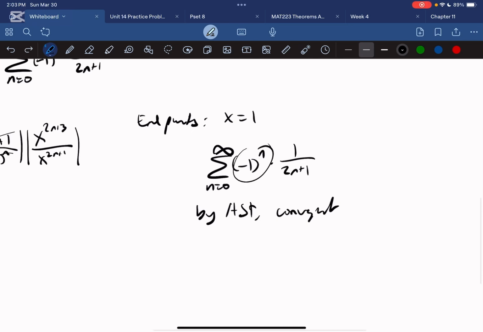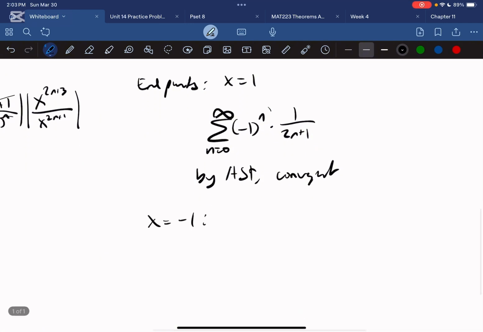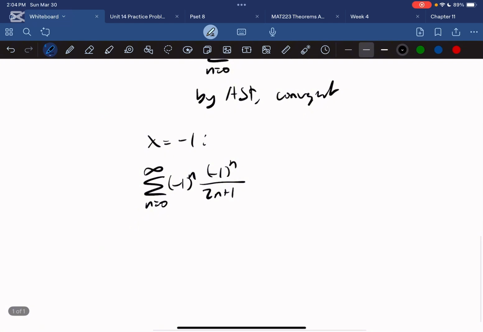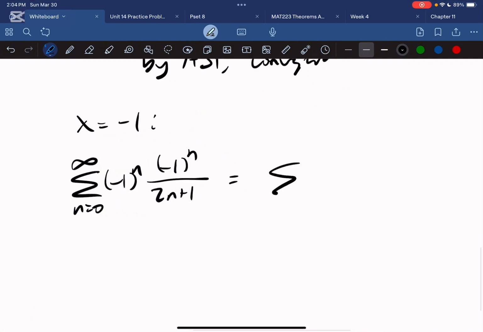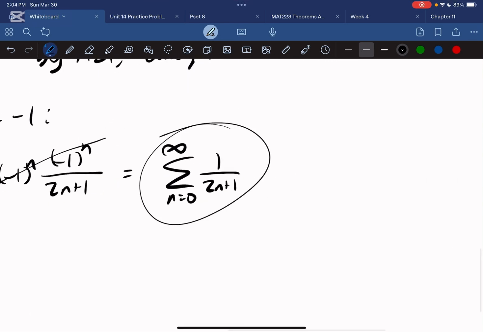And then when x is equal to negative 1, we see we have this, but then these cancel out, so then we have this. And in fact, this is divergent.